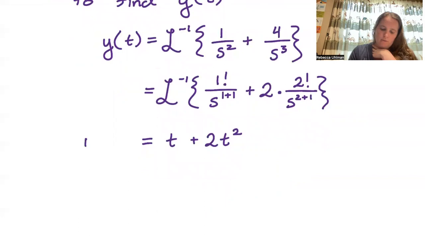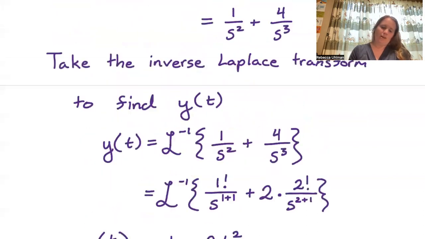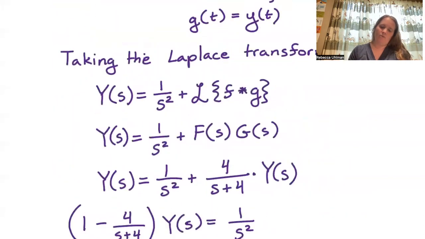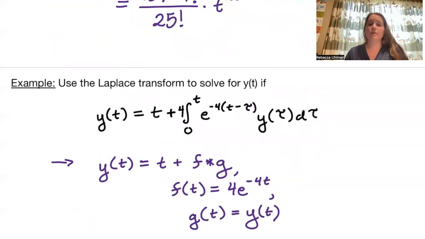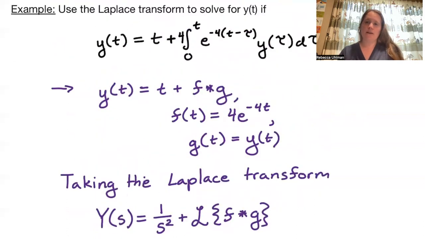So we have y of t is equal to t plus 2 times t squared. We essentially were able to pull our y of t outside of our convolution integral so that we could actually solve for y. This particular type of equation has a specific name to it.